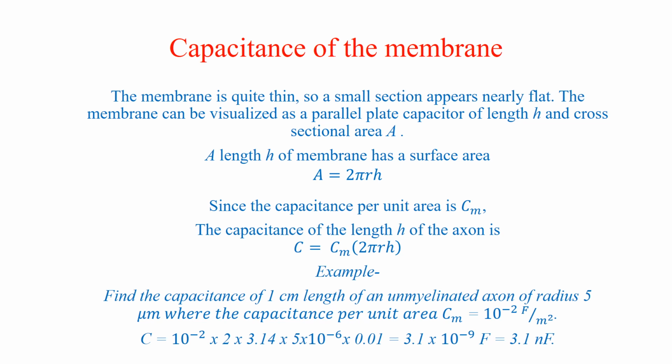If you plug in the numbers, you will get that C equals 10 to minus 2 times 2 times 3.14 times 5 times 10 to minus 6 times the length 0.01. Then you will get 3.1 times 10 to minus 9 farad. This is equivalent to 3.1 nanofarad. This is the capacitance of unmyelinated axon of a length 1 centimeter and a radius 5 microns.